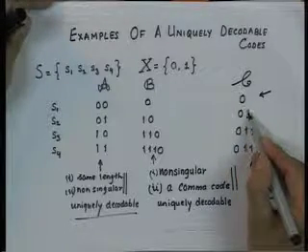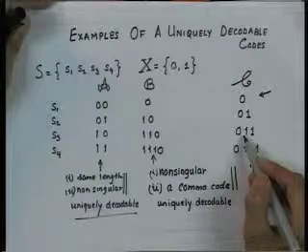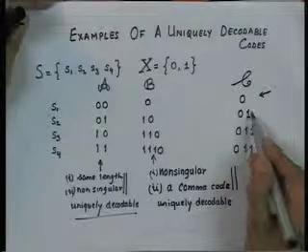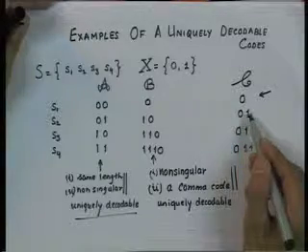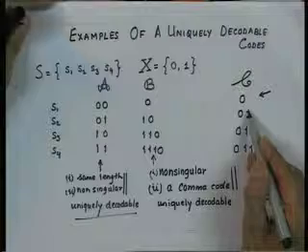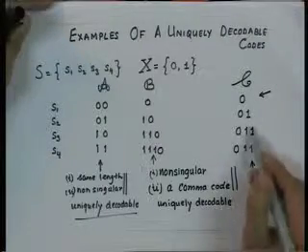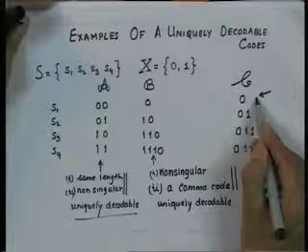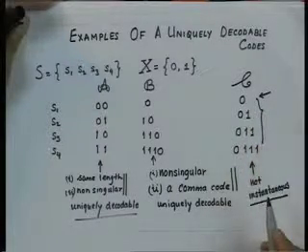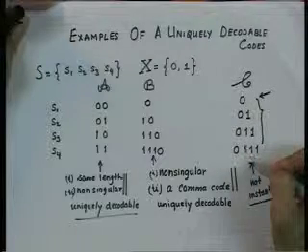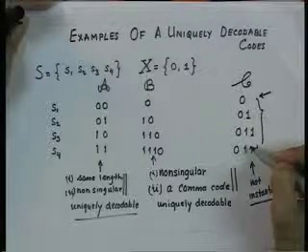Similarly, the code word S2 is a prefix of S3 and S3 is a prefix of S4. In fact, S1 is a prefix of all the code words. Similarly, S2 is a prefix of S3, S4, and S3 is a prefix of S4. So, by definition, this is not an instantaneous code, because it does not satisfy the test of prefix.